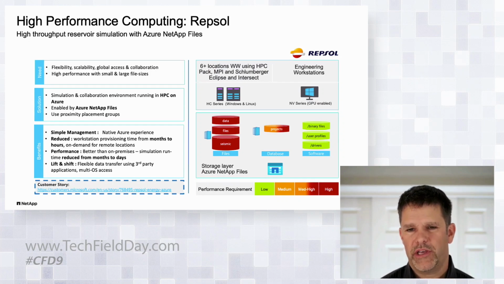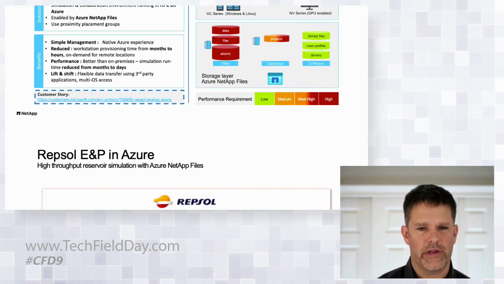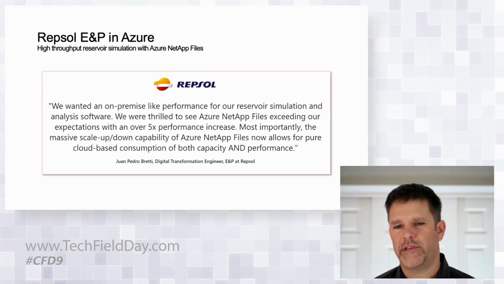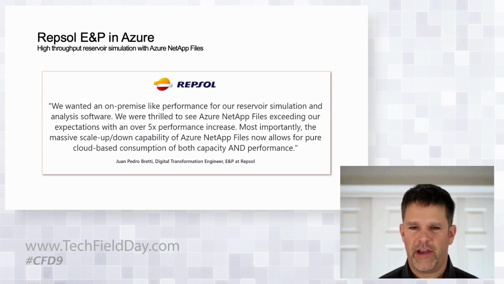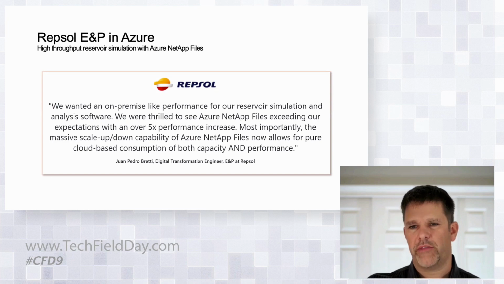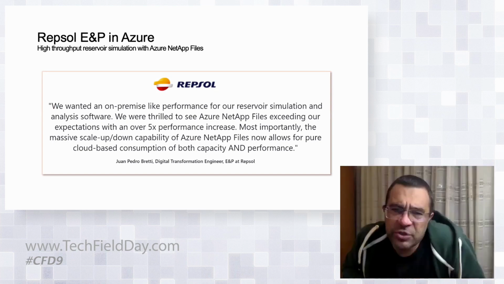They were able to get 5x, I think it's in their quote here, the performance utilizing an Azure NetApp Files storage backend in the cloud, not over what else they were trying to do in the cloud, but over their own data center. The access to the faster compute nodes and the fast storage environment really allowed them to scale their capabilities over what they were doing in the data center.